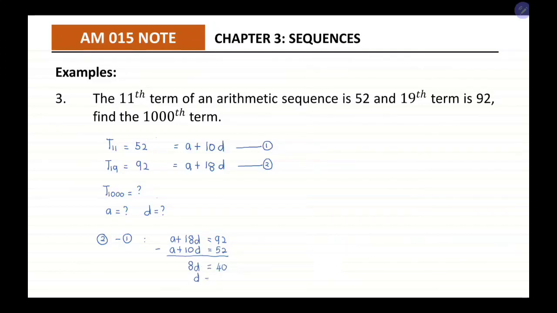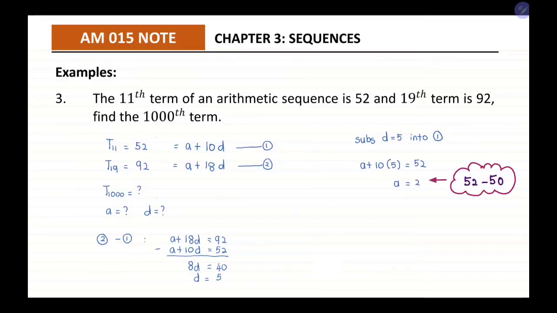So d equals 5. Okay, now we find a. We substitute d equals 5 into equation 1. So a plus 10 times 5 equals 52. Then we solve for a, we get 2. 52 minus 50, so we get 2.